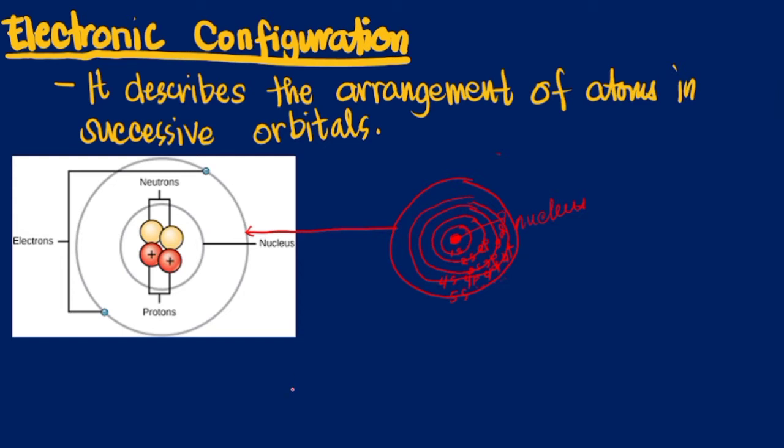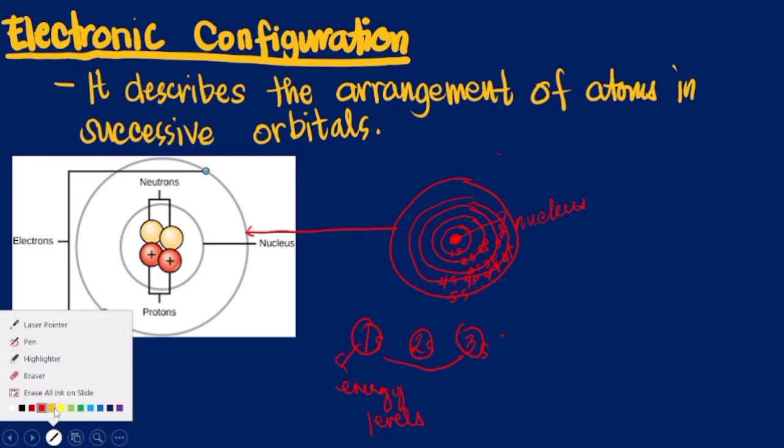Now, the 1s, 2s, 3s, for example, these are what we call energy levels.